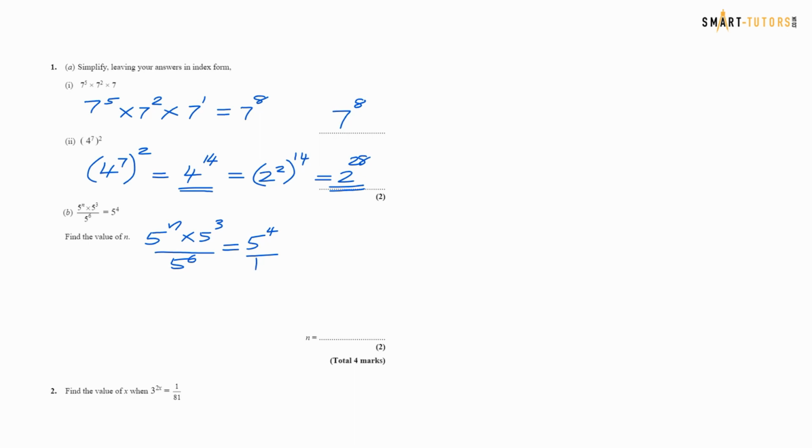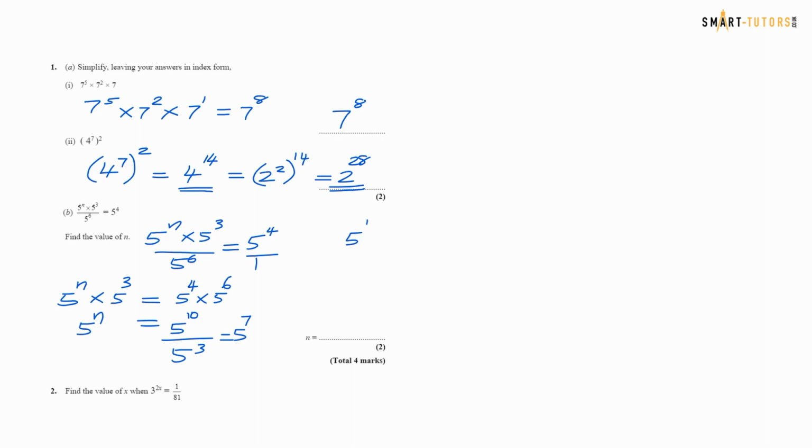So I'm going to do a cross multiplication, which means 5 to the power n times 5 to the power 3 equals 5 to the power 4 times 5 to the power 6. So 5 to the power 4 times 5 to the power 6 means 5 to the power 6 plus 4, which is 10. So 5 to the power n times 5 to the power 3 equals 5 to the power 10. I'm going to divide by 5 to the power 3, which gives 5 to the power 7. Why? 10 take away 3 is 7.